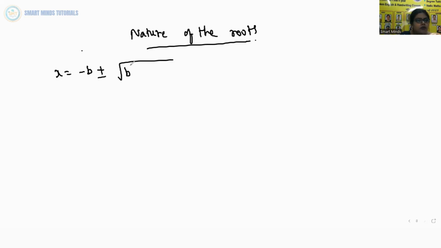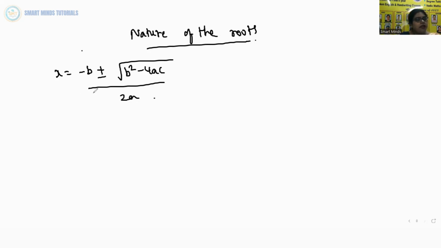So now the next topic is nature of roots. So we have seen that we can find the roots by a formula, that is minus b plus or minus root over b square minus 4ac by 2a. Okay, you can find the roots by this formula.